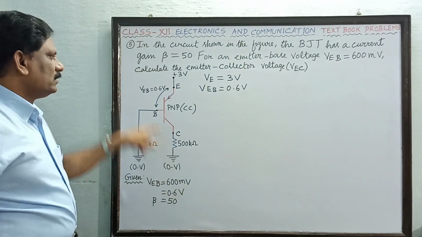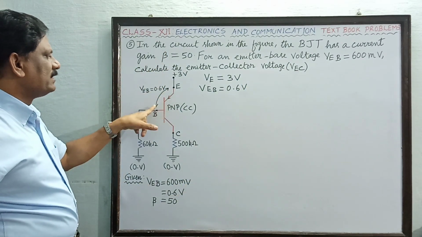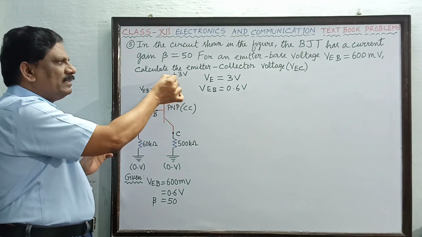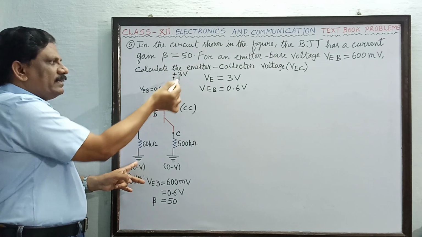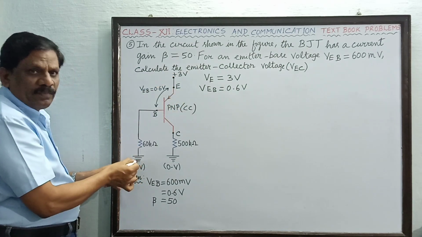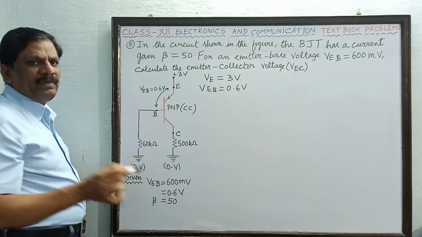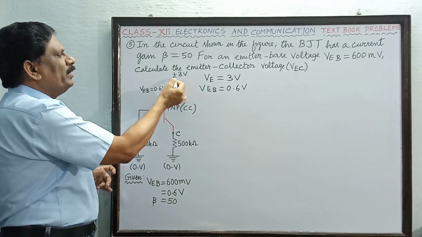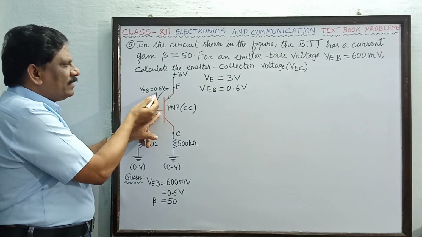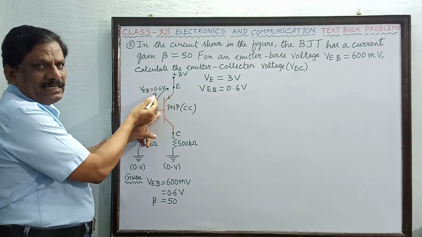If you measure the potential difference between this point and the ground, it is 3 minus 0. Like that, if you measure the potential difference between this point and the base, the value is 0.6. Is it not?